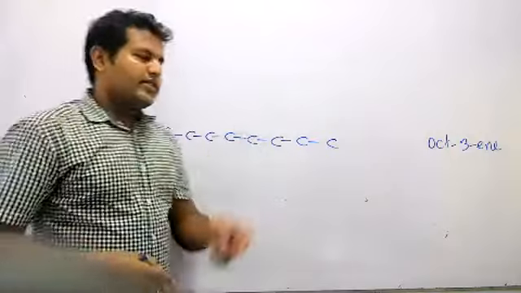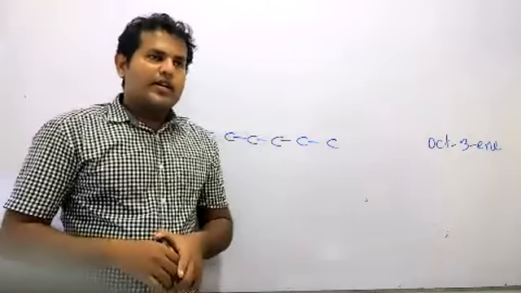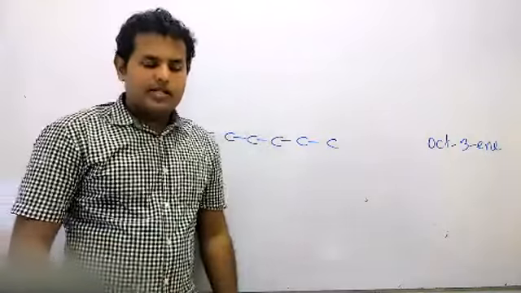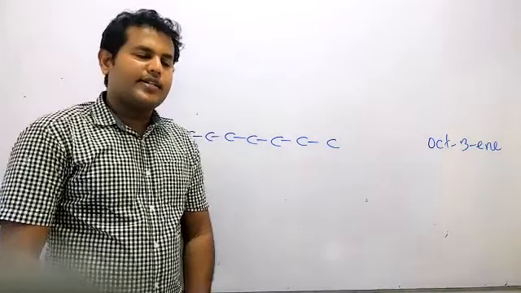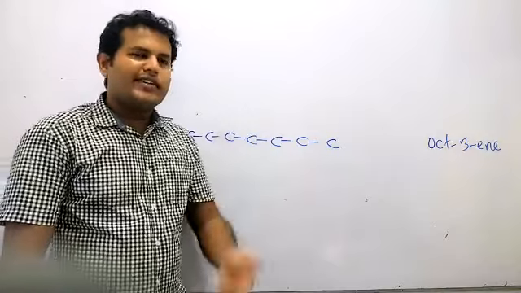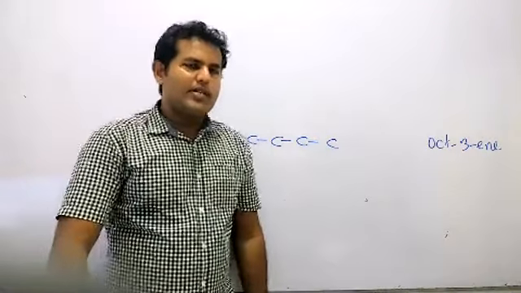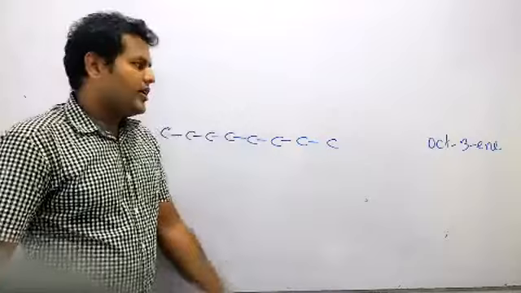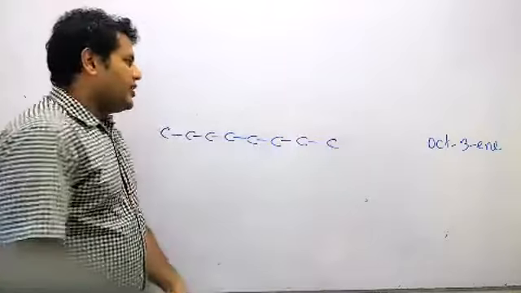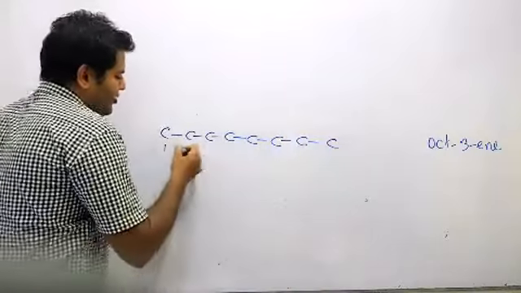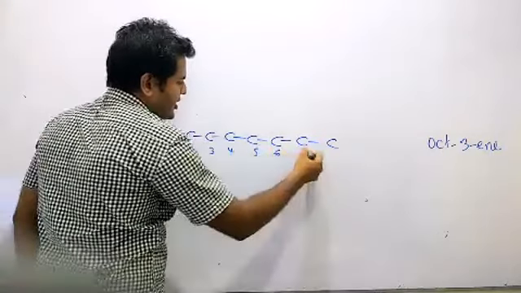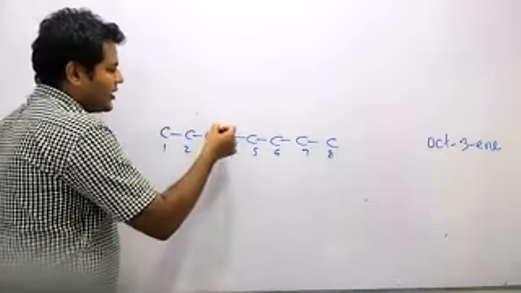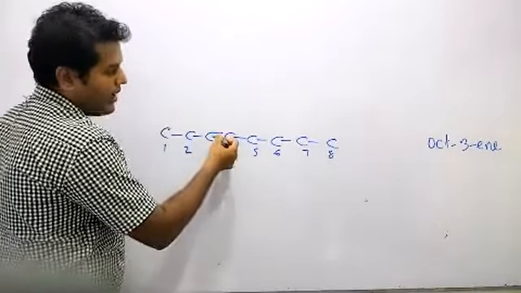So actually, in a structure like this, you won't be getting more than 8 carbons. Definitely, the maximum number of carbons you'll be getting is oct, 8. I haven't seen you getting dec and non that much in an organic nomenclature question. So oct-3-ene, you have to number it 1 to 8. 3-ene means between the third and fourth carbon you have the double bond.